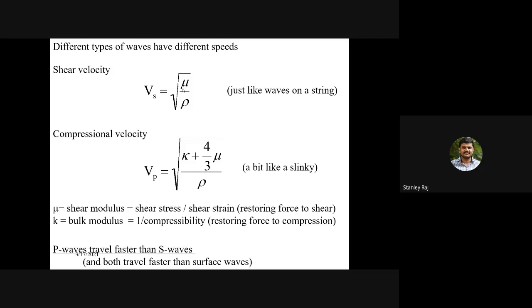Young's modulus means linear stress by linear strain, and bulk modulus means volume stress by volume strain, the entire volume. But the rigidity modulus is the shear stress by shear strain.